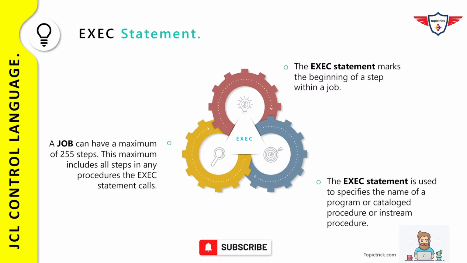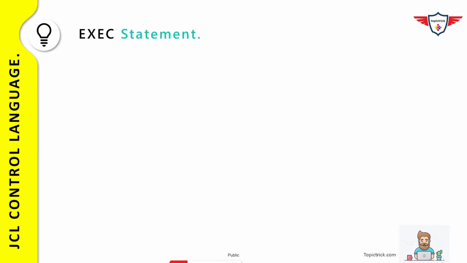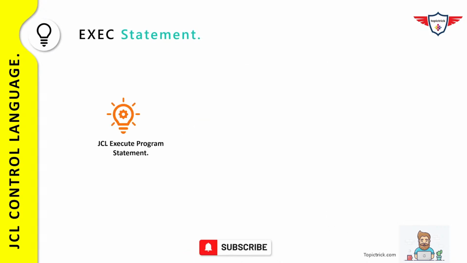This maximum includes all steps in any of the procedures that the execute statement has called. Now let's talk about execute statement syntax, and let's see what the different parameters are when you're writing an execute statement. As you know, the execute statement is used to specify the program or the proc name that you want to execute with the help of the JCL.